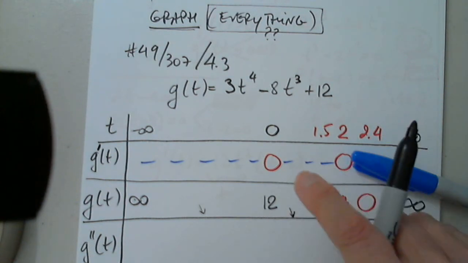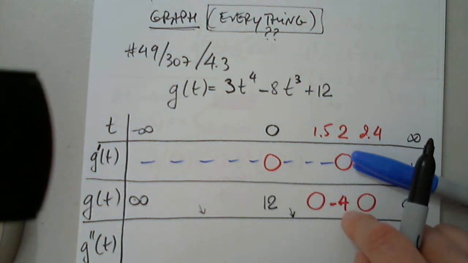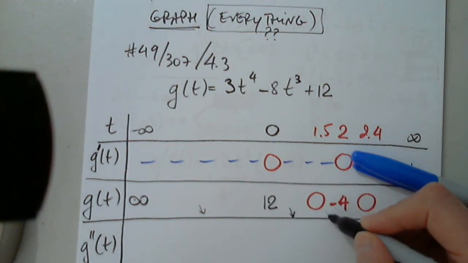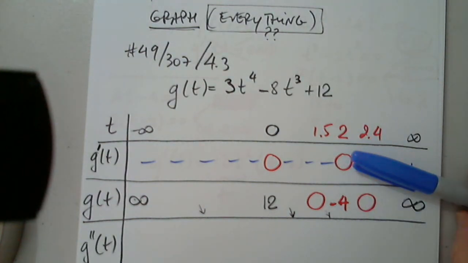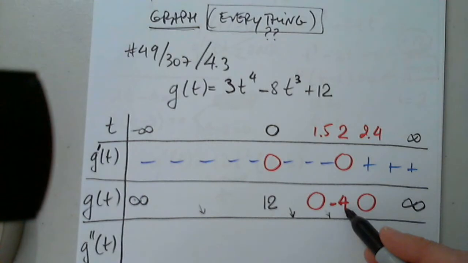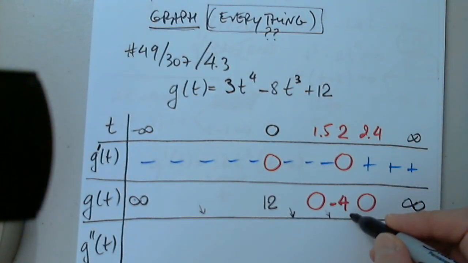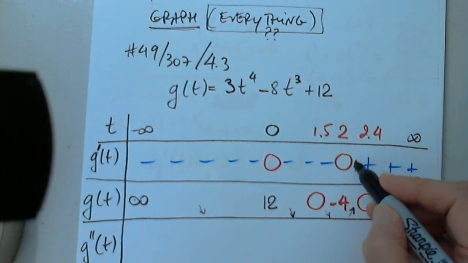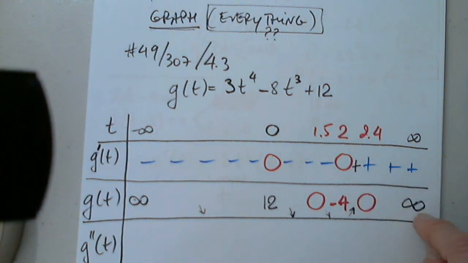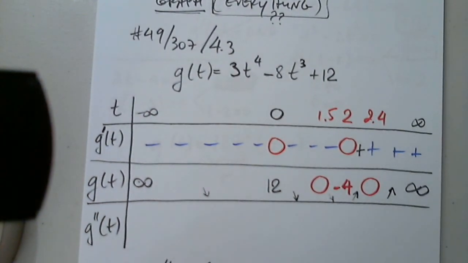Also decrease. Is that supported by the sign of the first derivative? Yeah. From 0 to -4, what does the function do? Is that supported by the sign of the first derivative? Now, what does the function do from -4 to 0? Increase. Good. Is that supported by the sign of the first derivative? Yeah. And from 0 to infinity, the same thing. So the two rows work well together.